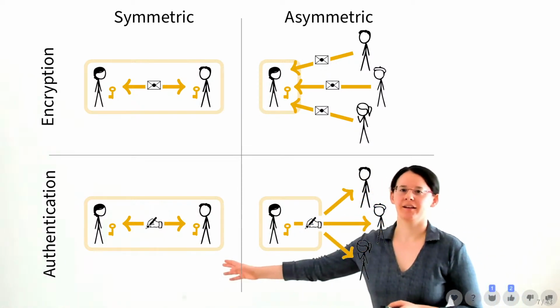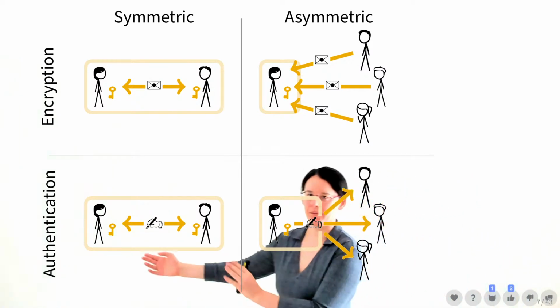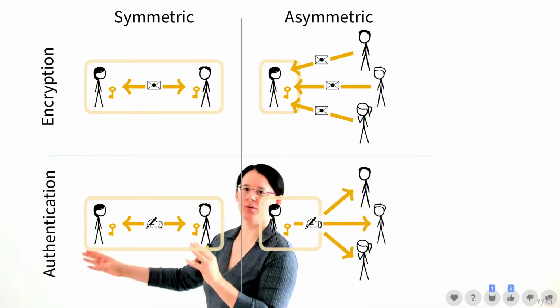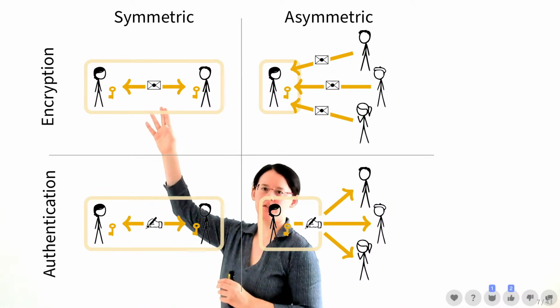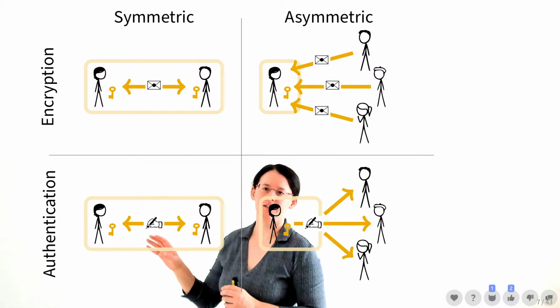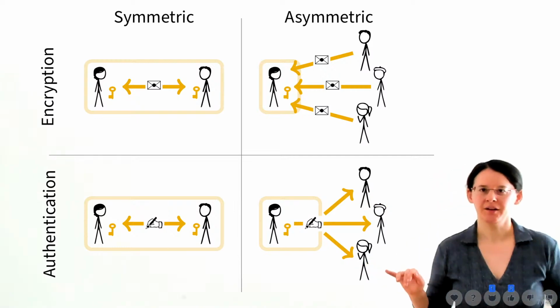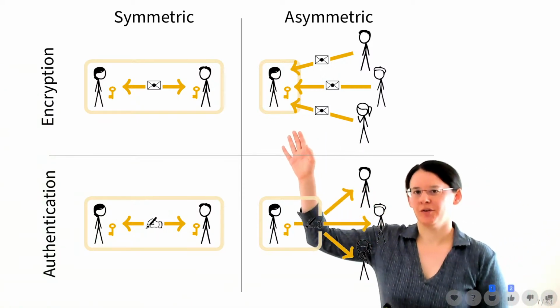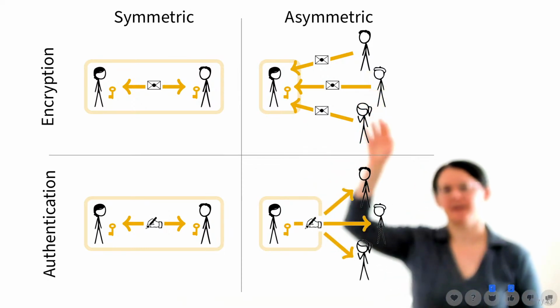On the left-hand side here, we see the symmetric world. We have two people, they trust each other, so they're in their own secret bubble, and they can encrypt messages to each other and ensure the authenticity by using a MAC, for example. In the asymmetric system, the security box only contains the owner of the private key, but everybody else can interact with them.